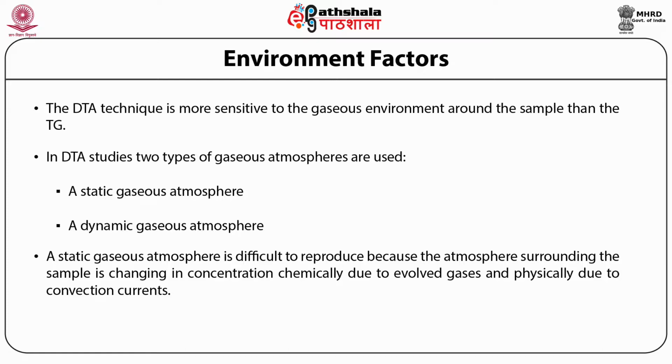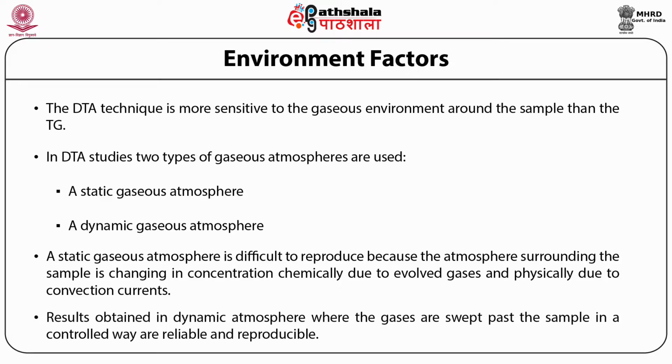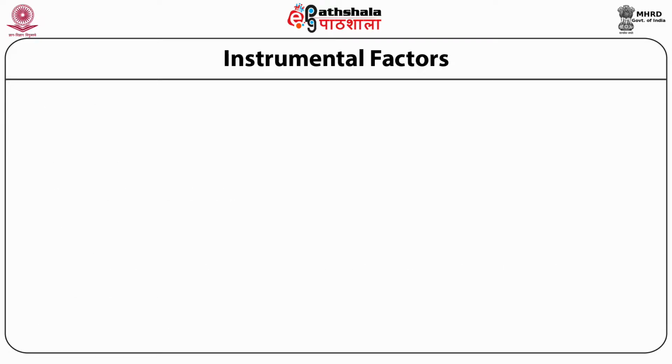Therefore, the studies in a static gaseous environment are imprecise. Results obtained in a dynamic atmosphere, where the gases are swept past the sample in a controlled way, are reliable and reproducible. The swept gases can be either inert or reactive.